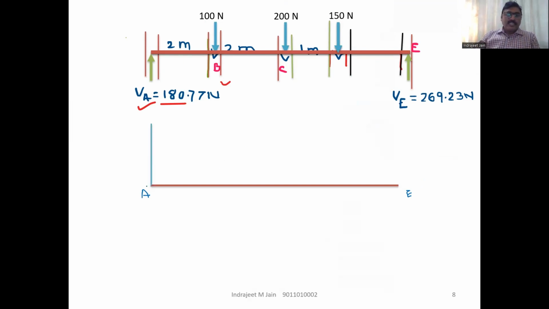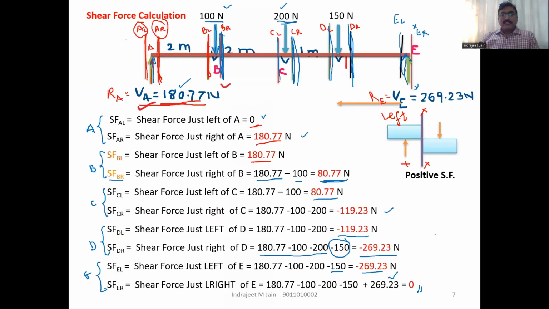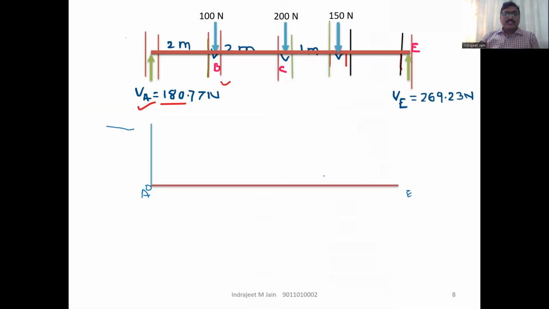At A there is 0 and the other one is 180.77, the same values we have taken earlier. Second, you can see 180.77 and 80.77. There is a drop.